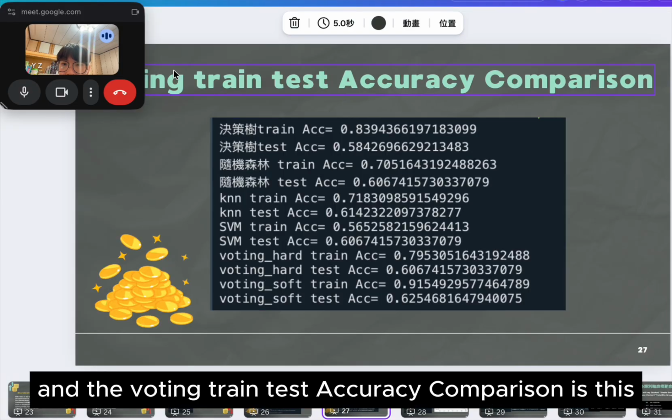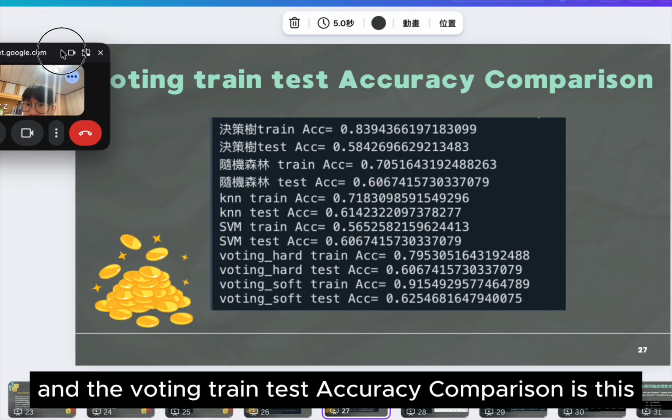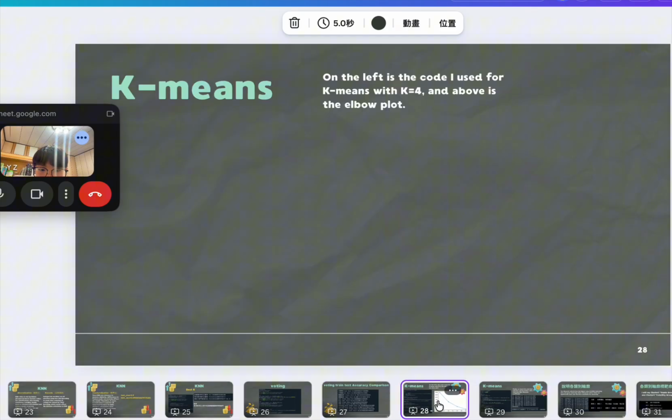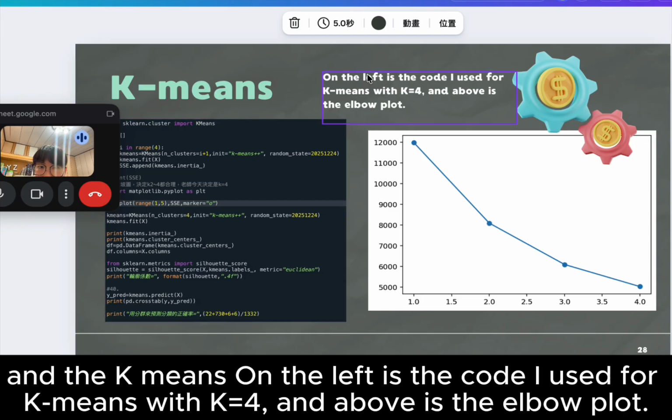Voting test accuracy is less. And for k-means, on the left is the code used for k-means with k. The k of 4 and above is the available point.